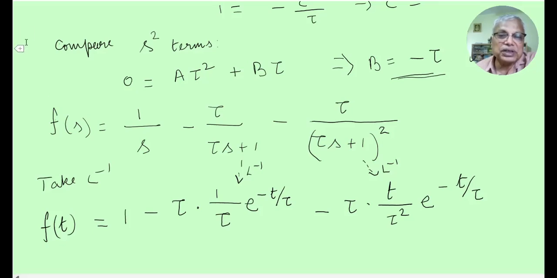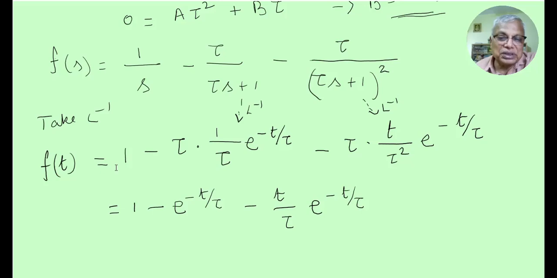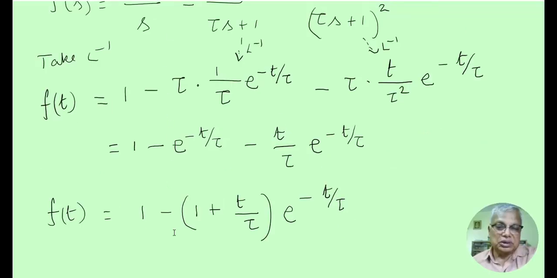So if we simplify this, we'll get the final answer. Tau and tau cancel, you get e power minus t by tau. Here tau and tau square, 1 tau goes, t by tau into e power minus t by tau. So I take e power minus t by tau common, so the remaining is 1 plus t by tau, with the minus sign.